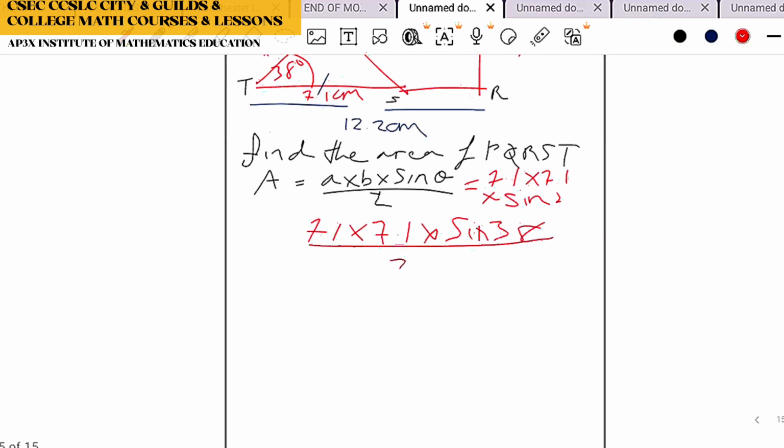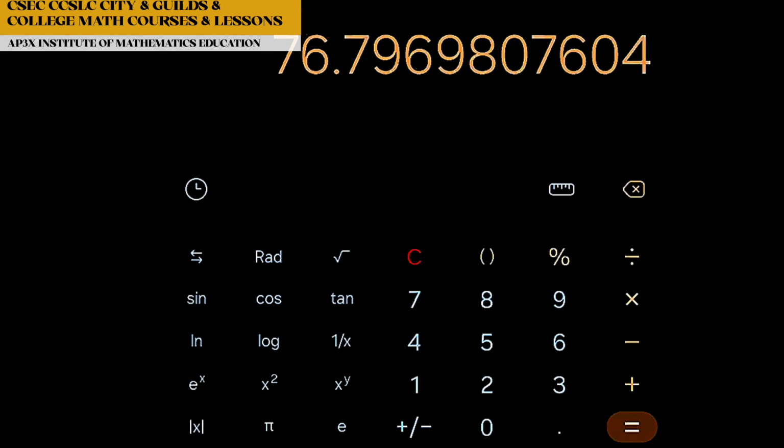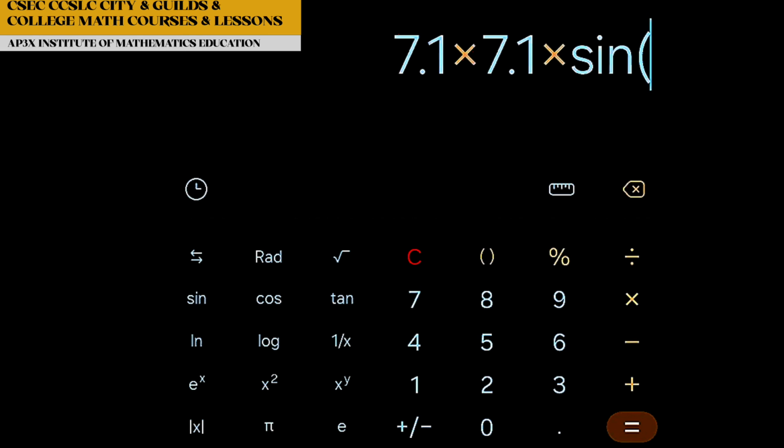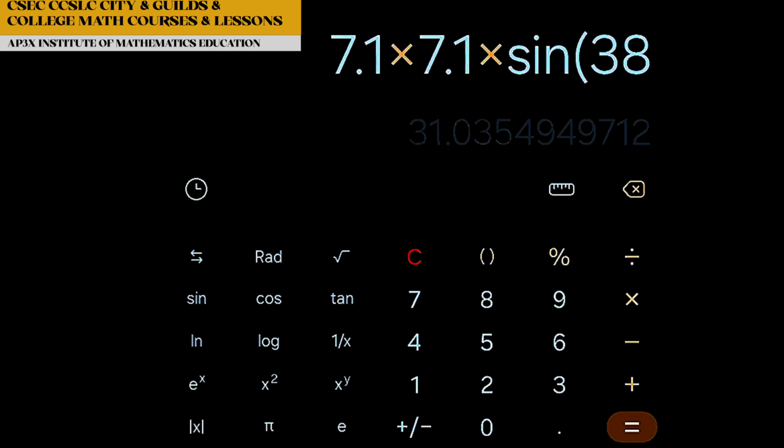All right, good. Talk to me, yes? I get 31.03. That's the first part, the triangle. So 7.1 times 7.1 times the sine of 38, you get 31.03.